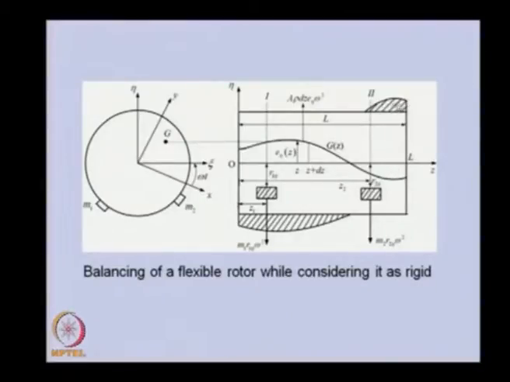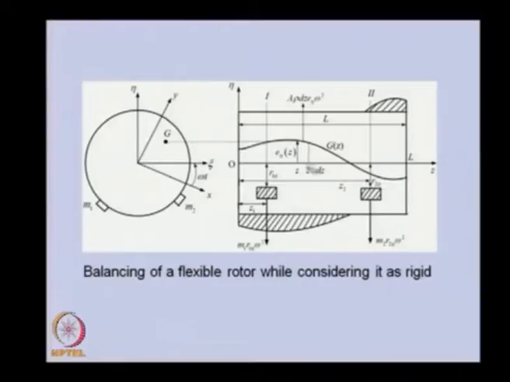This hatched line is basically a shape similar to the eccentricity, but opposite. If we can put a continuously varying correction mass like this, then we can balance this rotor for each and every slice of the rotor.